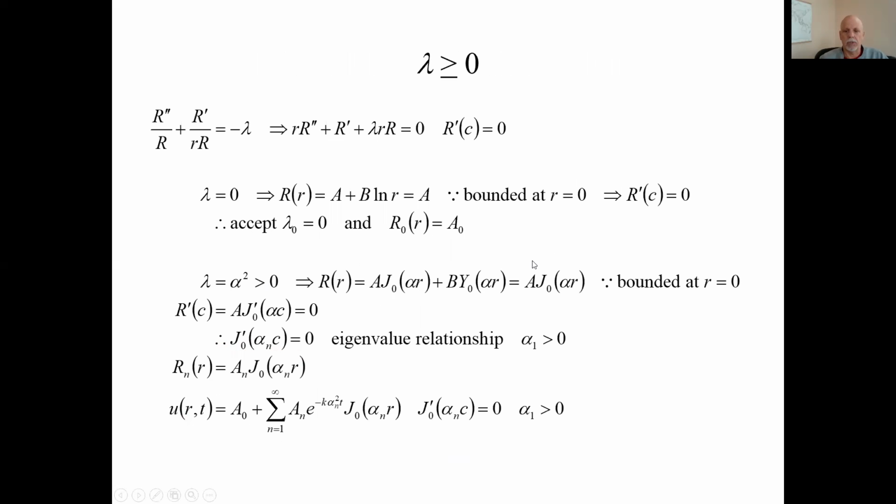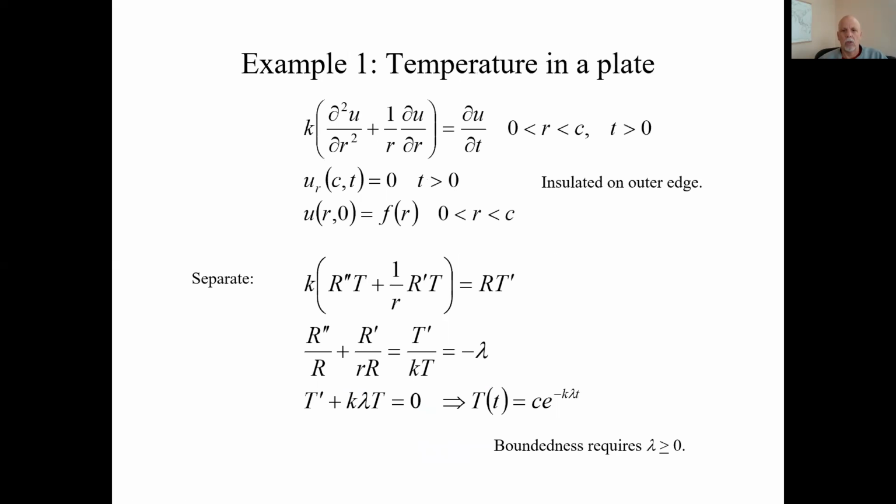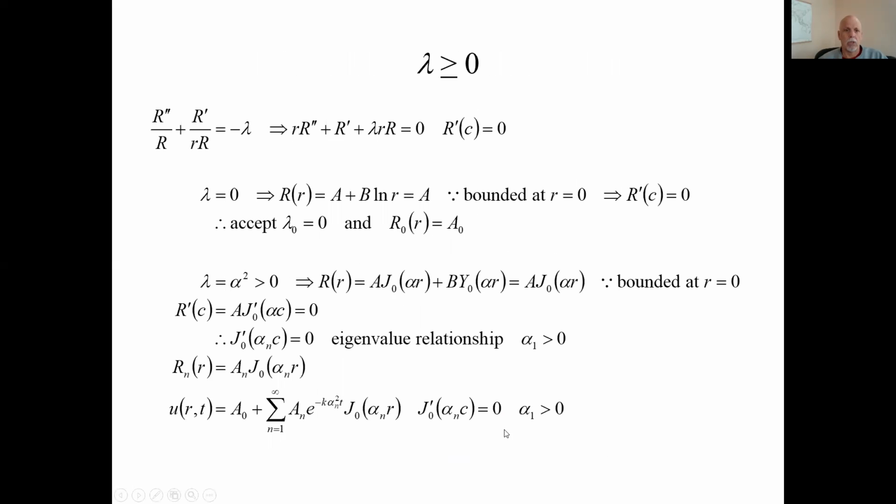When lambda equals 0, T is just going to be a constant as well. When you put it together, for the 0 eigenvalue, you just get 2 constants multiplied. So absorb that into 1 constant here.